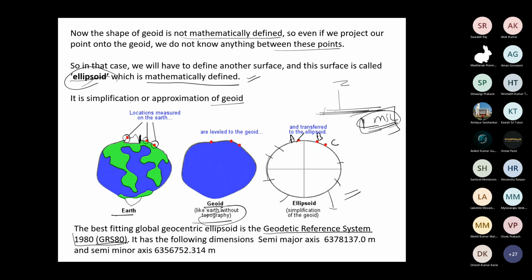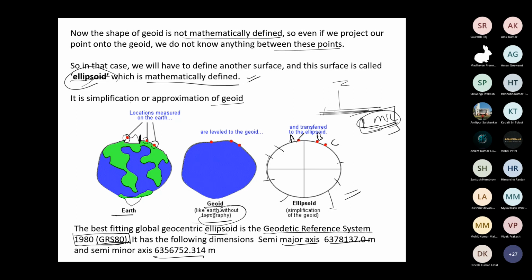You have to select this in your instrument when you are interested in Z heights. The ellipsoid has a major axis and minor axis, which are its dimensions. Otherwise we cannot measure these heights. You can remember GRS-80; you will get more information from the internet.